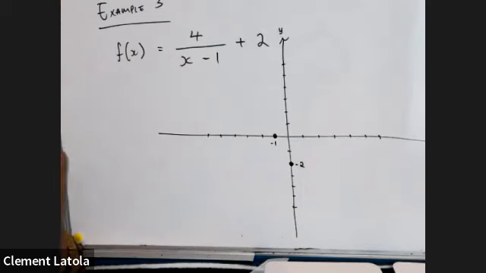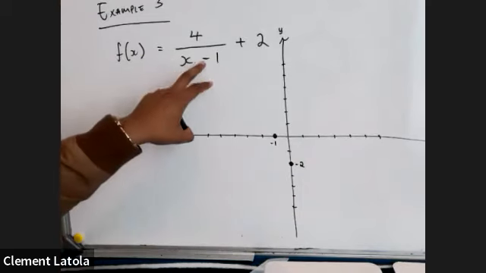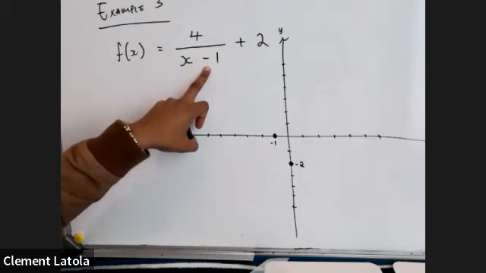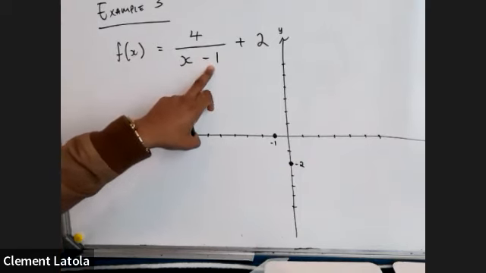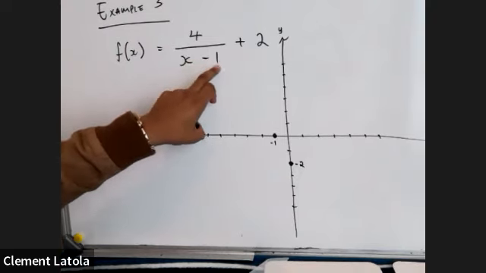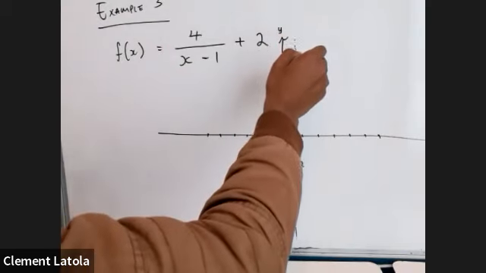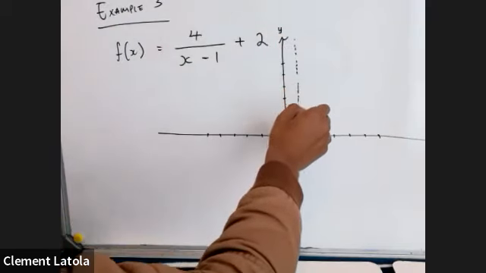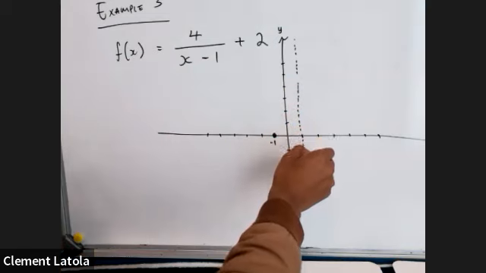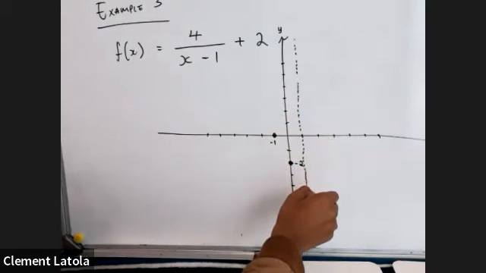Then we had asymptotes to this graph. The first asymptote, the vertical one, is going to be at positive 1. Remember, p's value is 1. So the vertical asymptote will be at positive 1, going through the point where x is equal to 1.